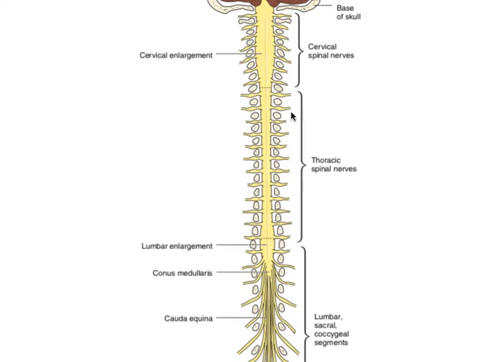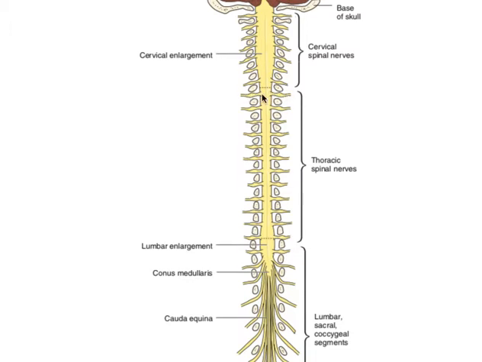You may recall that there's only 7 cervical vertebrae, but remember I said there are 8 cervical spinal nerves. So it turns out there's a spinal nerve above the first vertebra, and so you actually start counting above that one. If you were talking about cervical spinal nerves, you would say C1, C2, C3, C4, C5, C6, C7, C8.